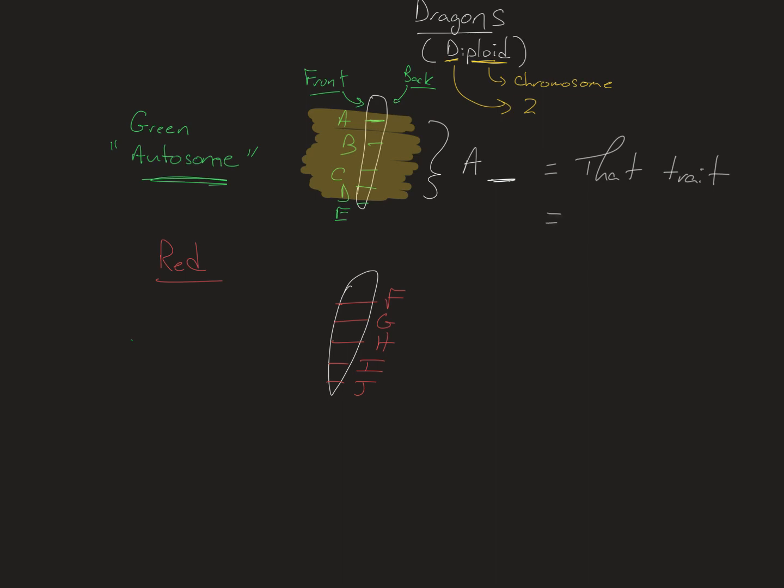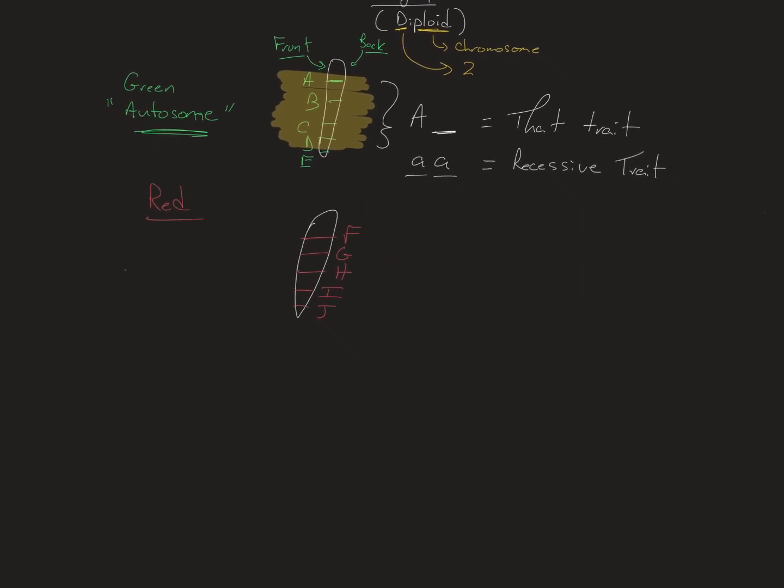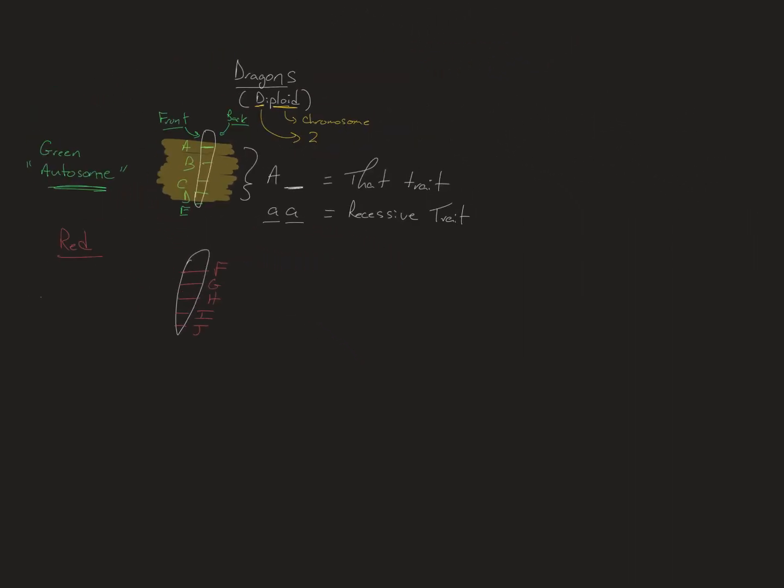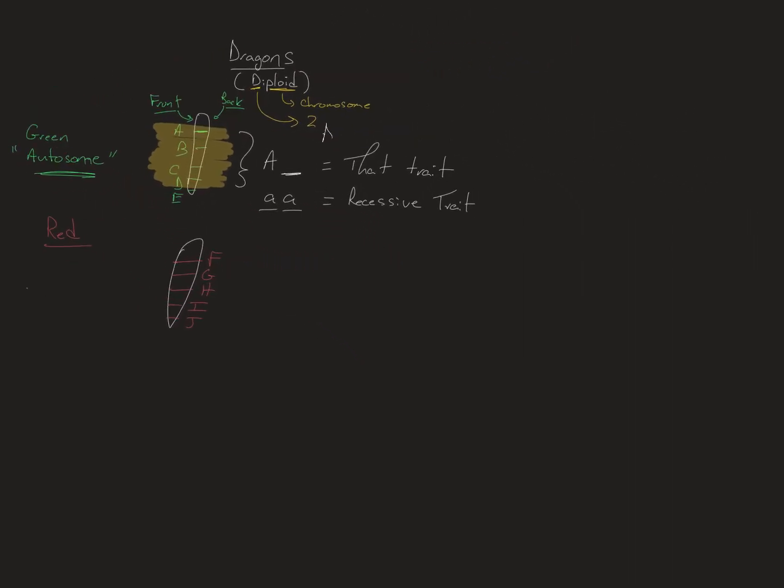In order to get the recessive trait, you have to have two lowercase versions of that gene. So in order to get, let's say, A, chin spike or no chin spike, in order to get no chin spike, you have to have two little a's. Is that clear to everybody? Yeah. All right. E is codominant. So that's what we call dominant recessive.